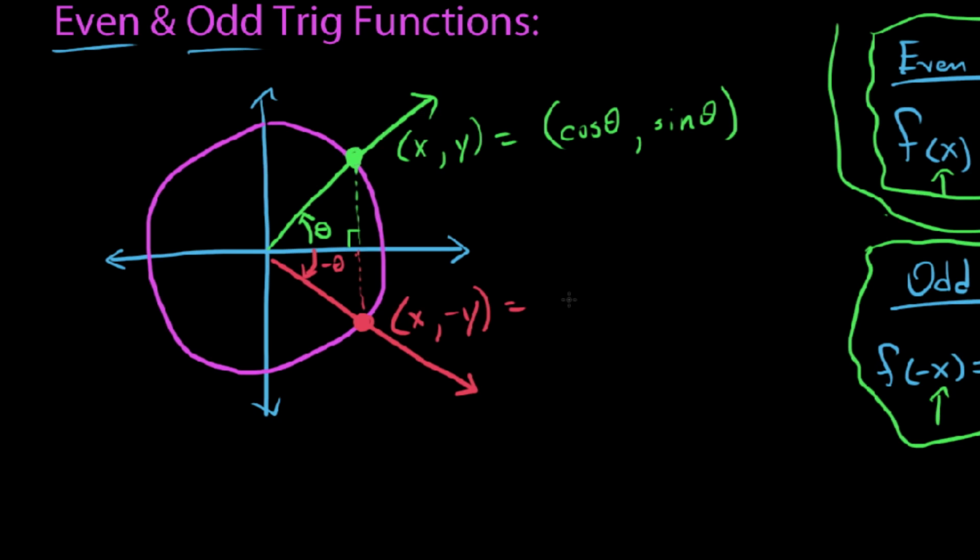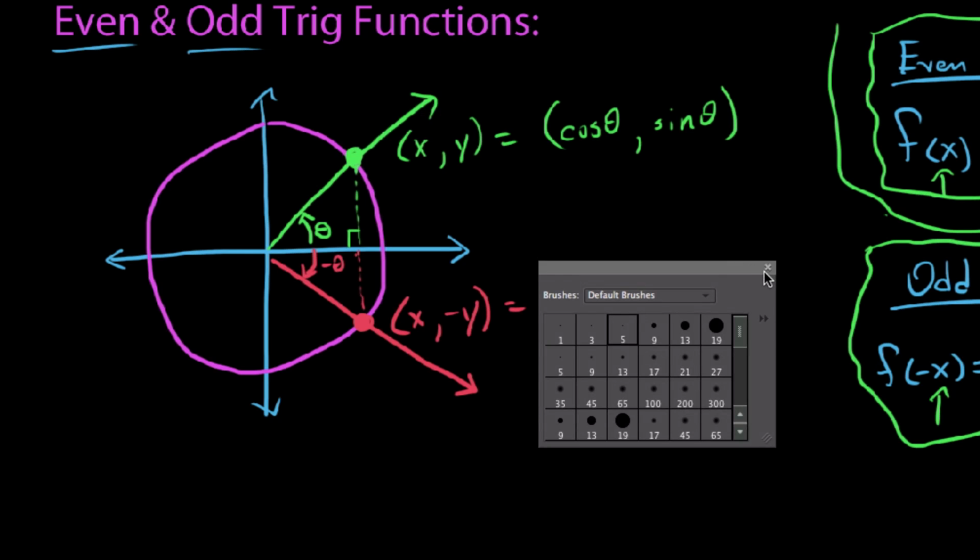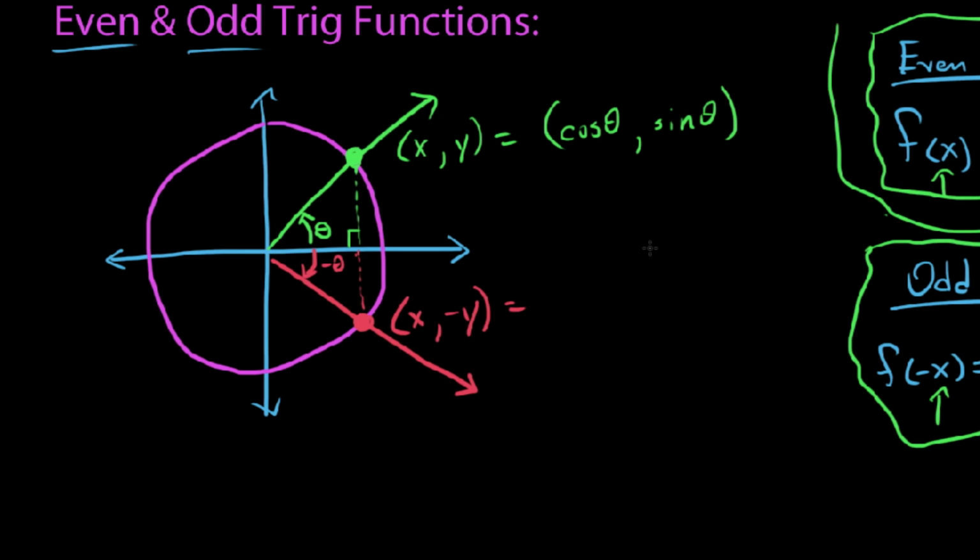So that would be the cosine and the sine value of this; this would be cosine of negative theta, because that's what we're evaluating this for, and this is sine at that angle, and that angle this time was negative theta.